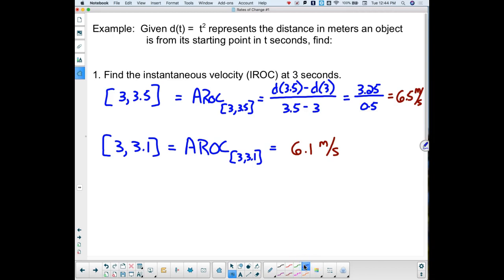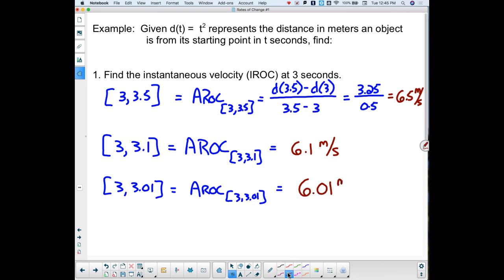So let's go even smaller. Find me the AROC for that one. 3.01 squared is 9.0601, minus 9 is 0.0601, divided by 0.01 is 6.01.